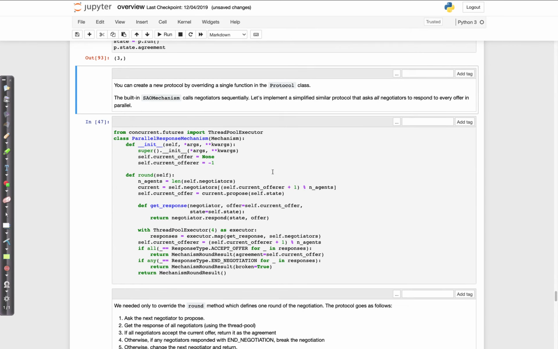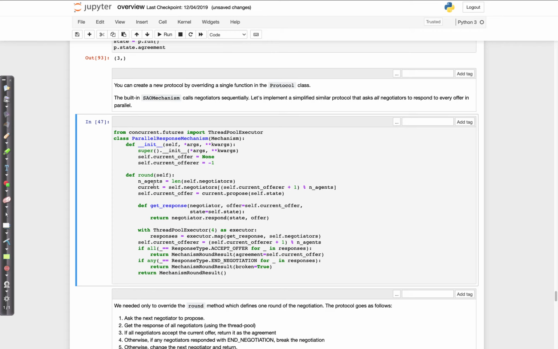Okay. This tutorial will then go on to describe how you define new mechanisms, and you simply need to override a single function called round. And this is another implementation of alternating offers, but now it is the parallel alternating offers protocol, not stacked. So it doesn't move serially, but when some offer is given, all agents are asked in parallel to either accept or reject it.